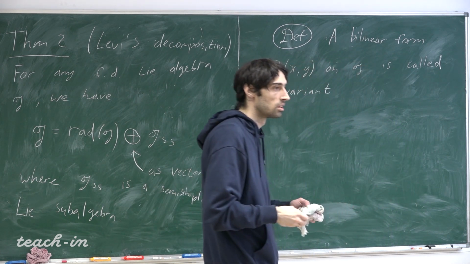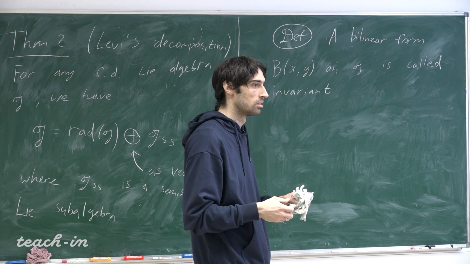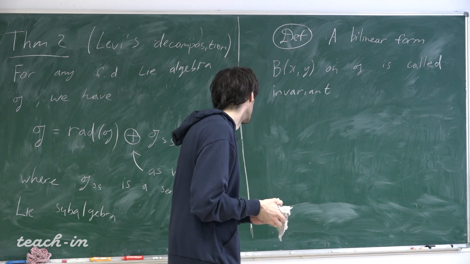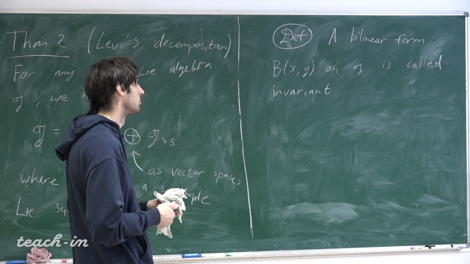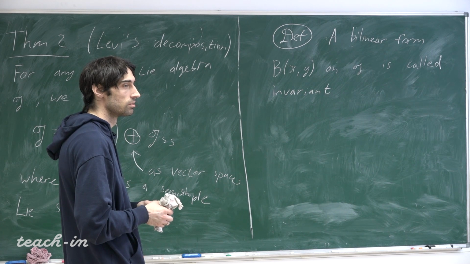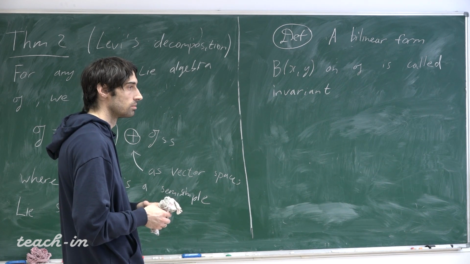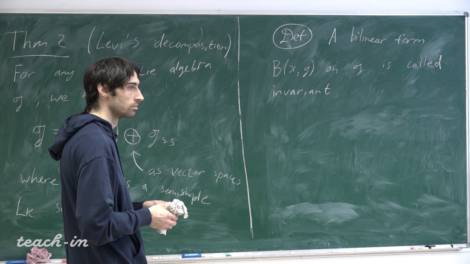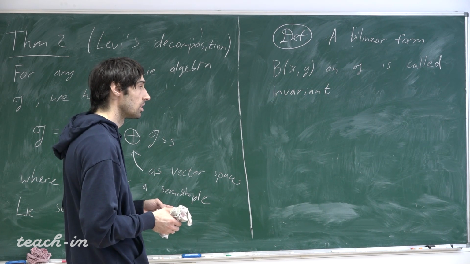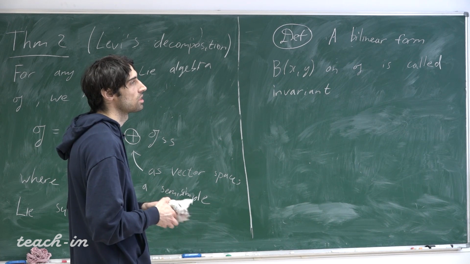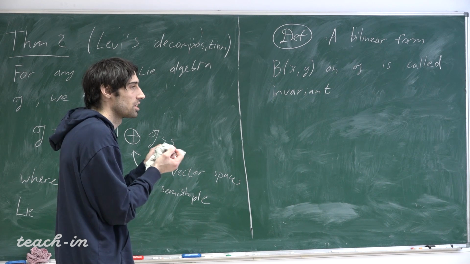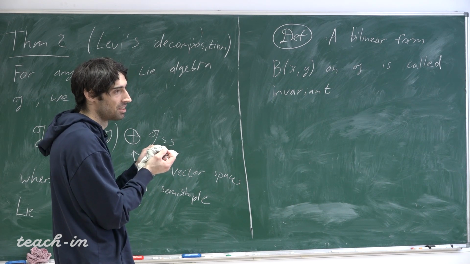What is the multiplication in this bilinear form? I mean, if it contains terms that are quadratic in x and y. Yes, this is just a multiplication of numbers that you're talking about, right?